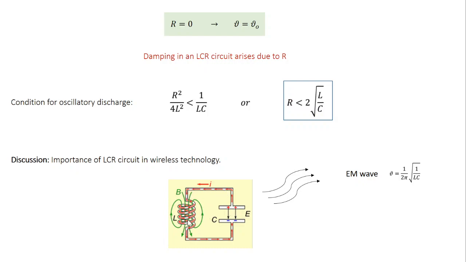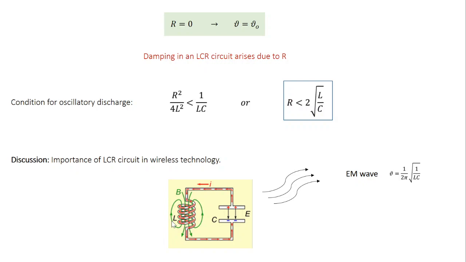When the current flows through the inductor, so this is a coil, right? So when current flows through this coil, the magnitude of the current is changing, so you have a magnetic field developed inside the coil. So you can say the energy previously stored in the electric field of the capacitor now gets converted into energy stored in the magnetic field of the inductor.